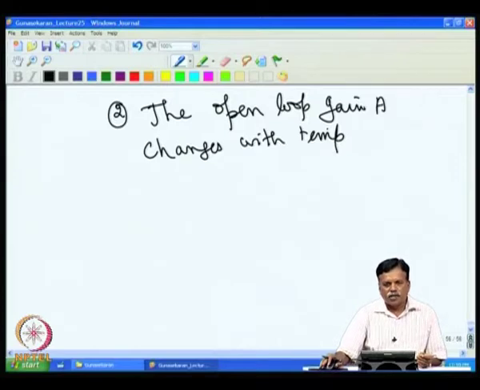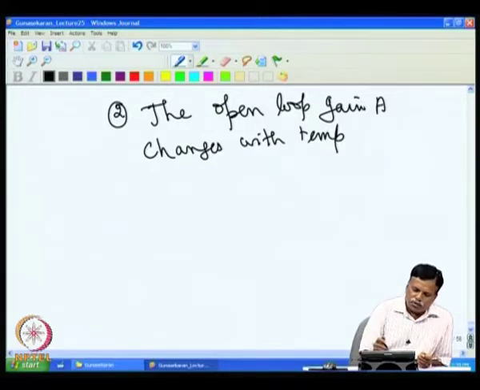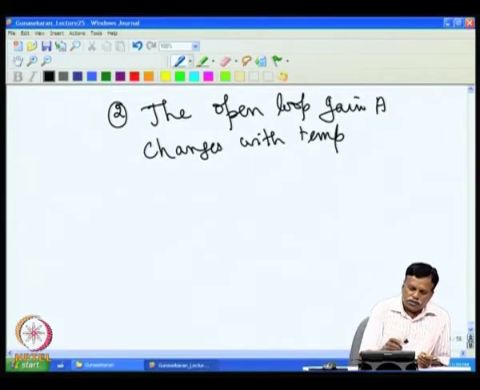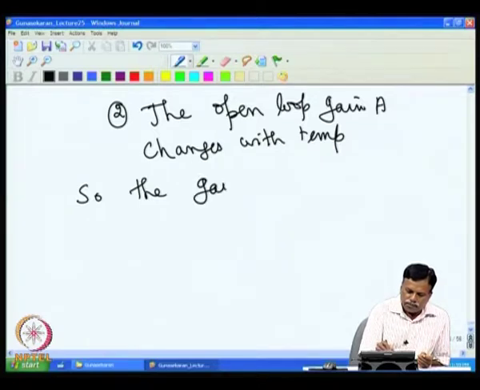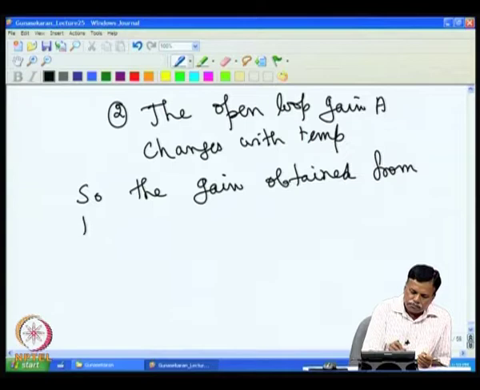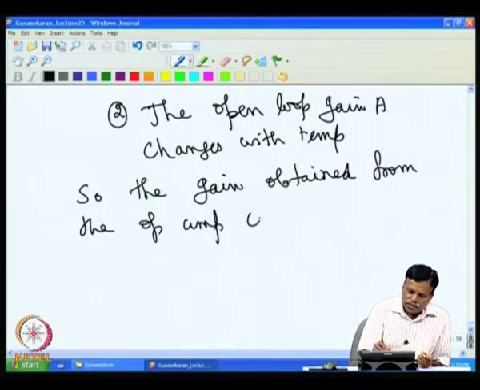So, for a given op amp, if the open loop gain changes, then the actual gain also changes, even though we are not changing the set gain. So, the gain obtained from the op amp changes with the temperature.